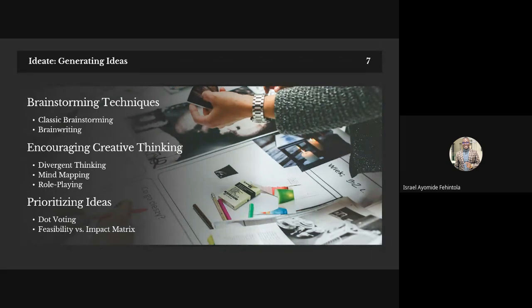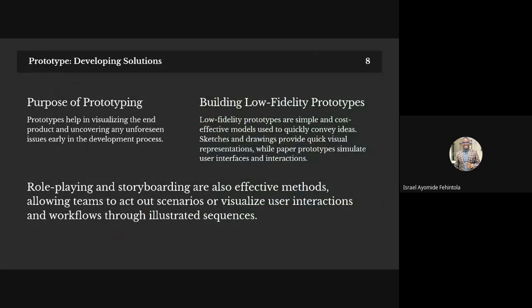Next stage is prototyping. At this stage, you've generated the idea, streamlined it, and prioritized it. You know what you want to do. Then you build a low fidelity copy of the solution you are trying to provide. It could be a paper solution, something inexpensive, something not wasting time, something very straightforward.